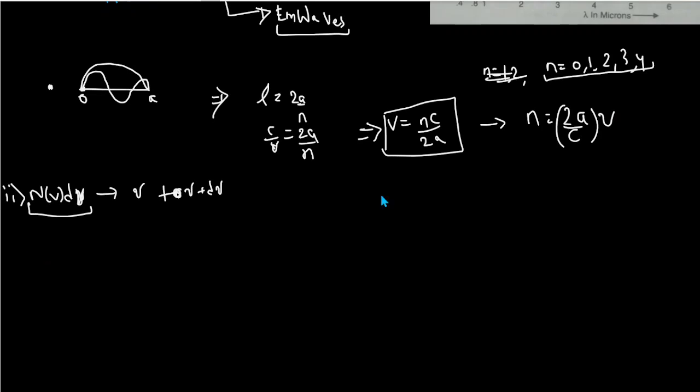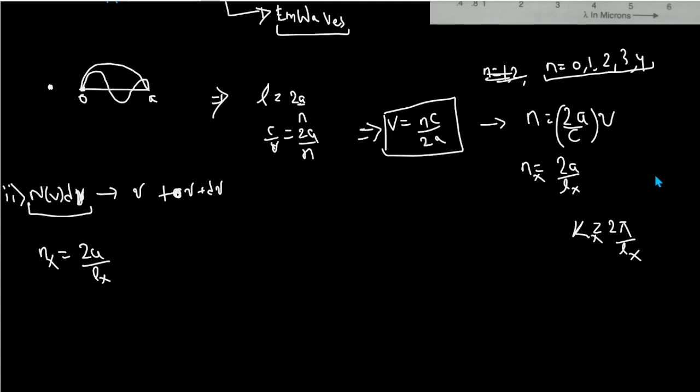So first of all, let's convert this form into a more general form, that n equals 2a upon lambda x. So in the x direction, it equals 2a divided by lambda x. If you remember, the wave vector k equals 2 pi upon lambda, so kx equals 2 pi upon lambda x.